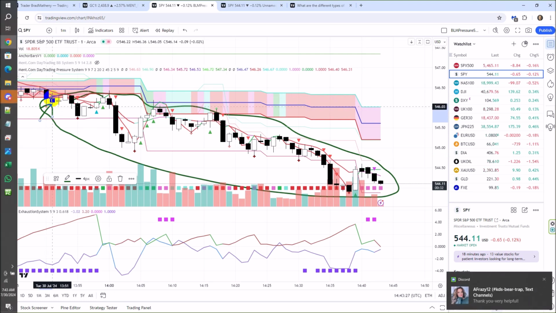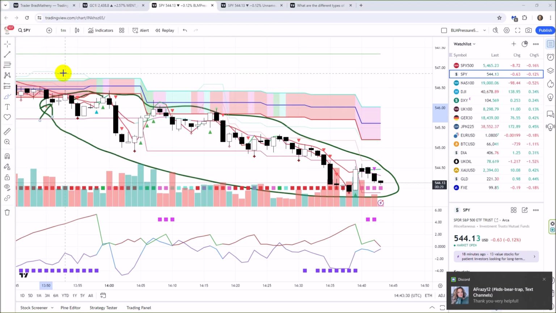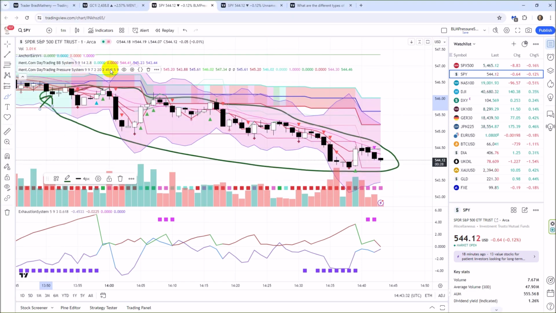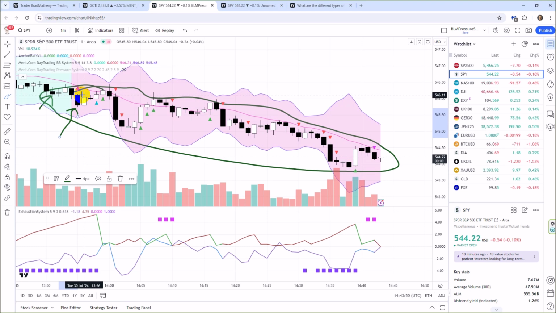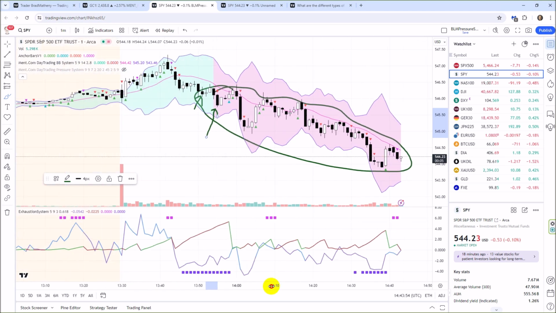Now, we come in here and we turn on the Bollinger Band system and hide the pressure system. You can see that the Bollinger Band system went bearish right here. So that means that we now have confirmation right here that we can semi-aggressively attack any downward trending. Okay, and we can try to take profits as cleanly and as effectively as possible.